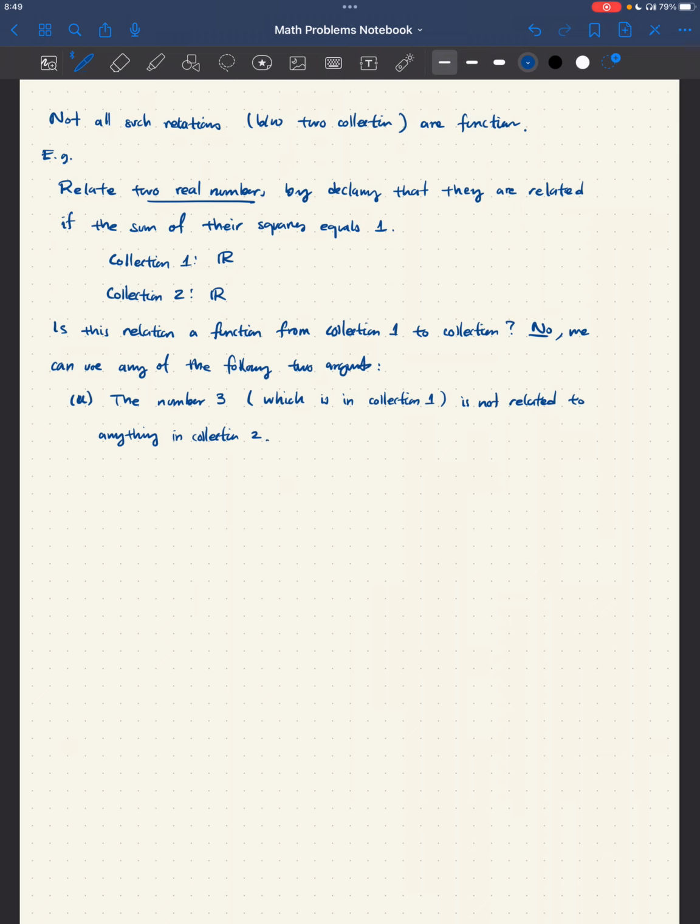Well, you may wonder, why is this? Let's explain. Otherwise, there would be a y in collection 2, meaning a real number, such that 3 squared plus y squared equals 1.